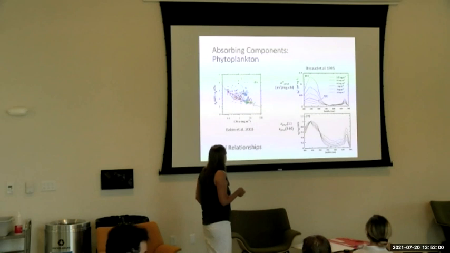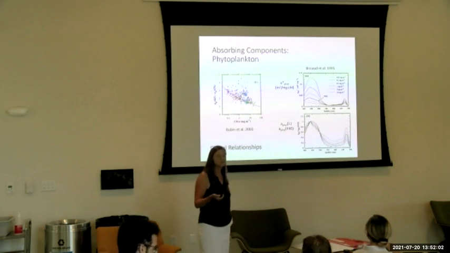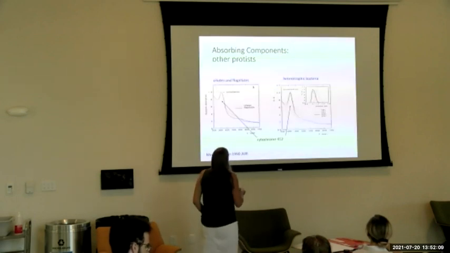So I think it's important to recognize that there are very big differences in the absorption by phytoplankton, and then we'll talk a little bit more about why that is a little bit later. So I'm going to skip through some of those slides.